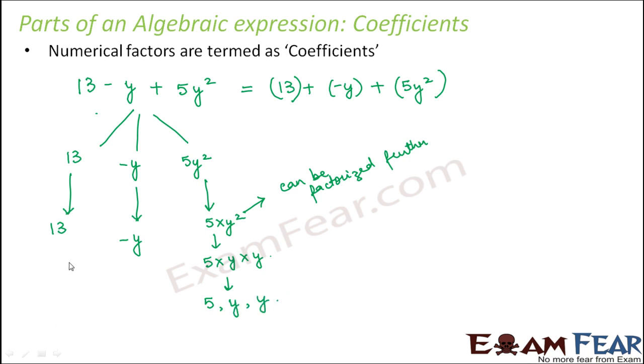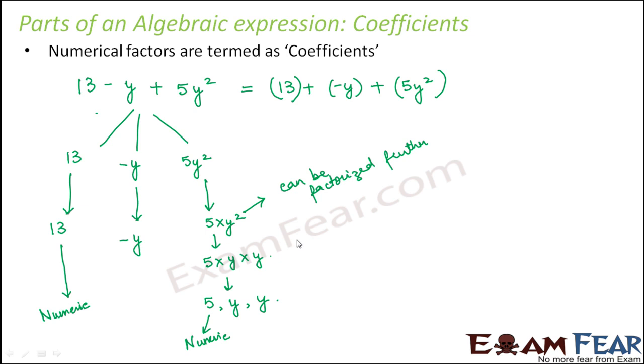Now when you look at all the factors of this expression, you see that 13 is a numeric factor. Similarly, 5 is also a numeric factor. But the variables like y or minus y are algebraic factors. So now when we talk about coefficients, what exactly are coefficients? What is the coefficient of a particular variable?